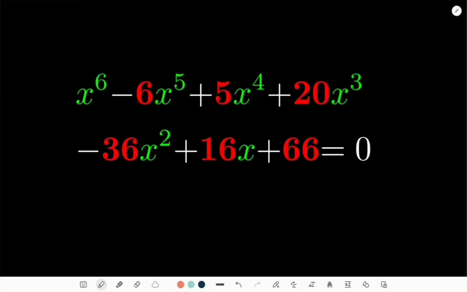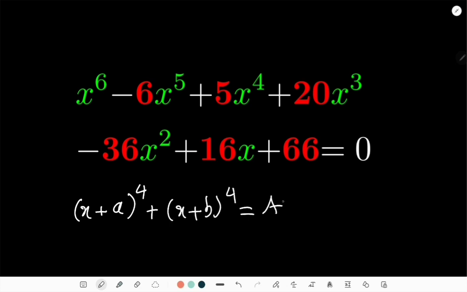For example, in my previous video, I taught you how to generally solve an equation of order 4 if it is in this form: (x plus b) to the power of 4 equals a.